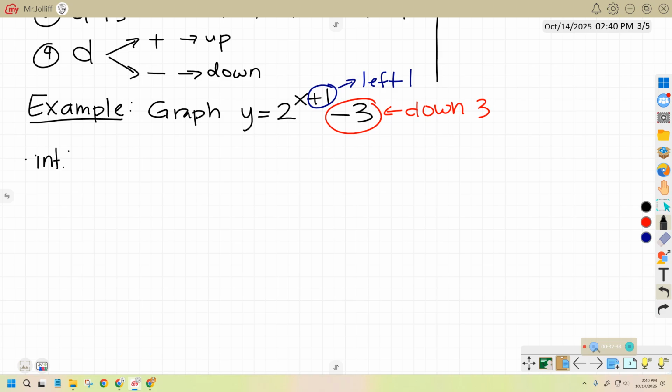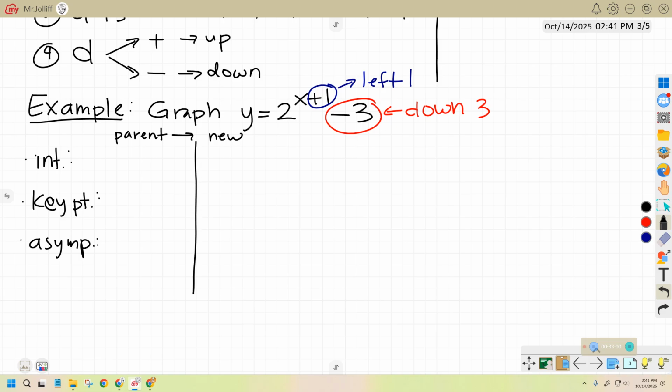So intercept, key point, and asymptote. So parent, new. All right. So we will start with the intercept.